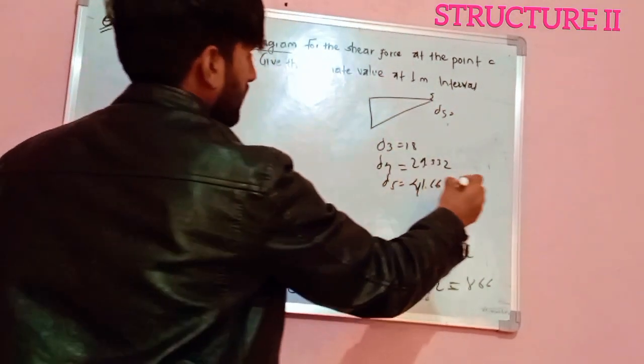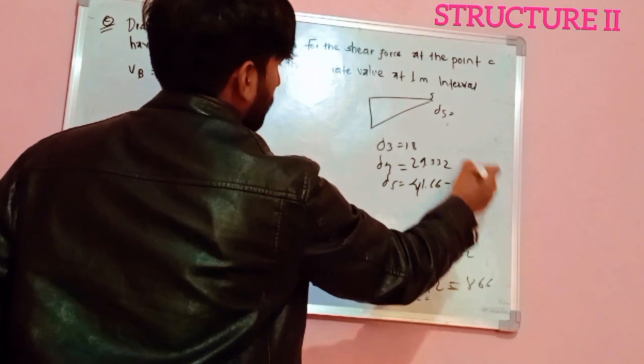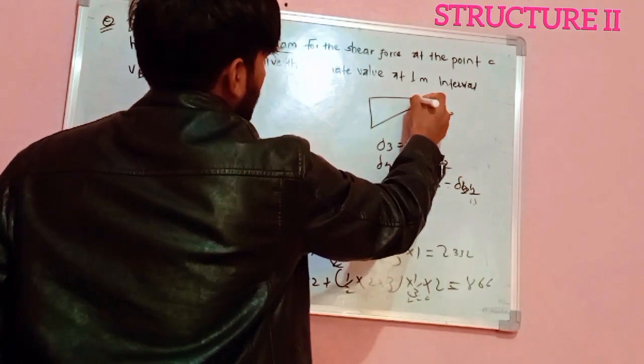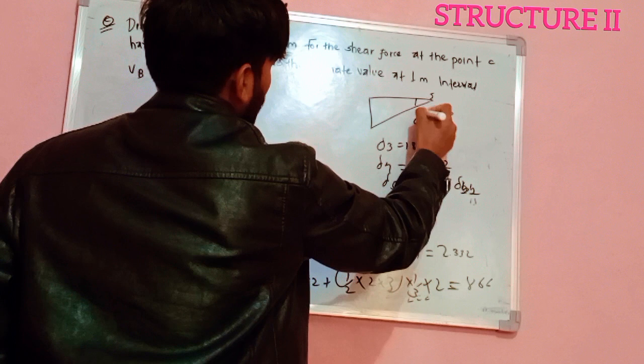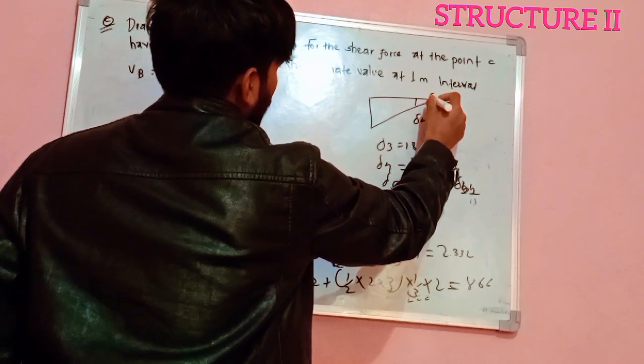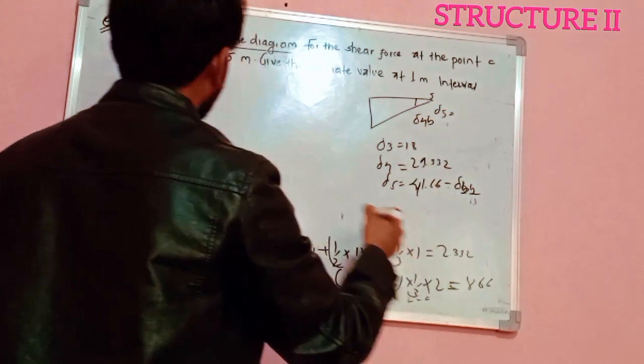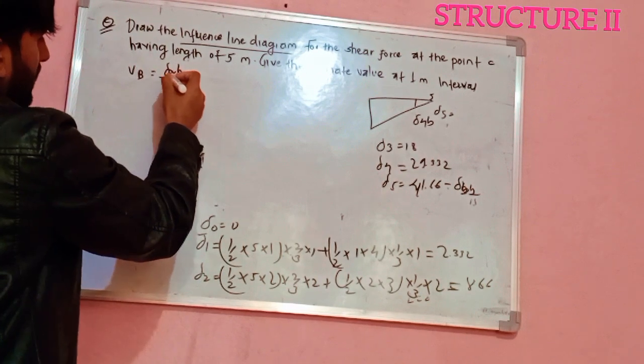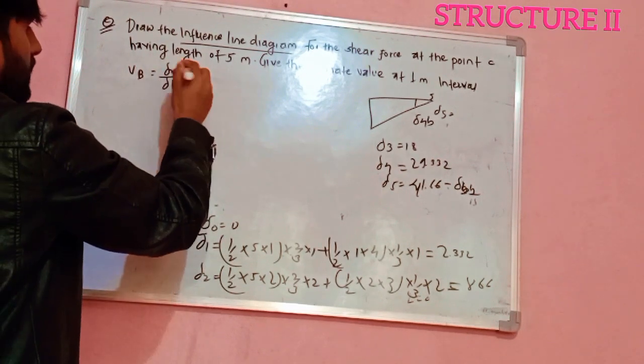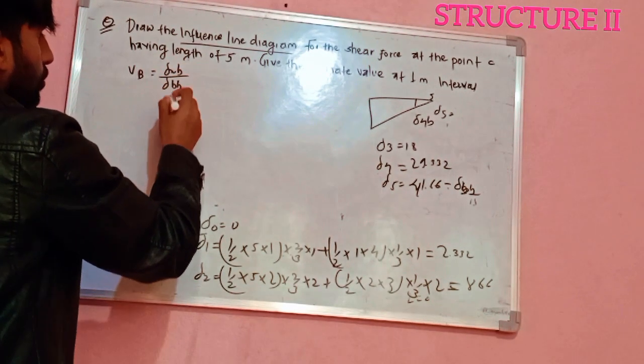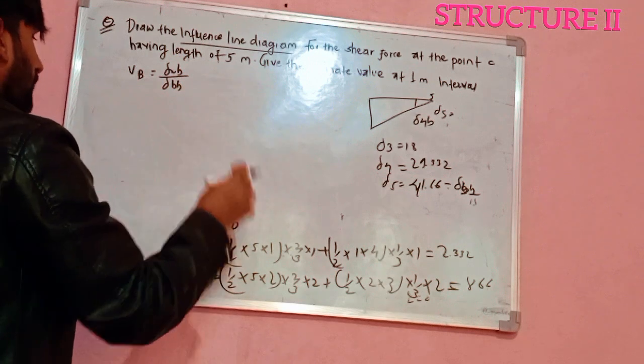That is DBB, the deflection at point B due to load at B. Here it was the deflection at point 4 due to load at B.